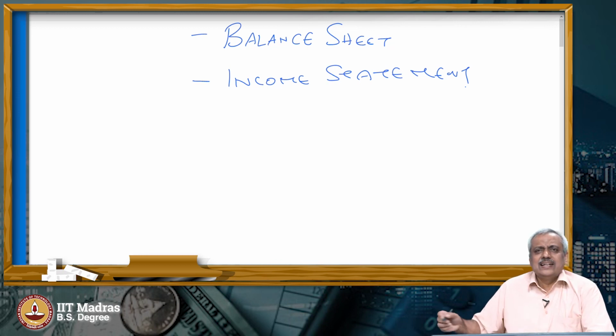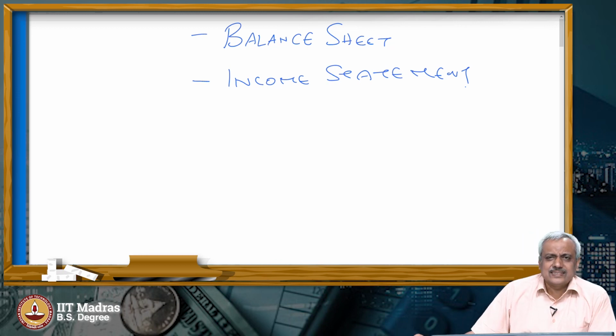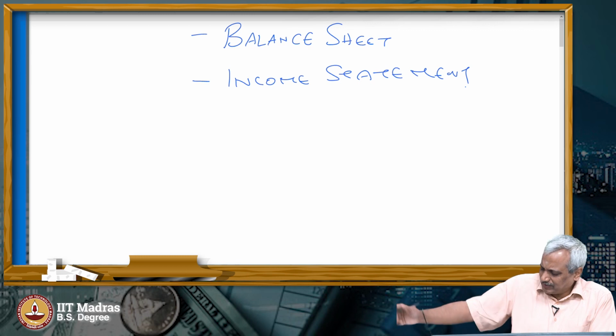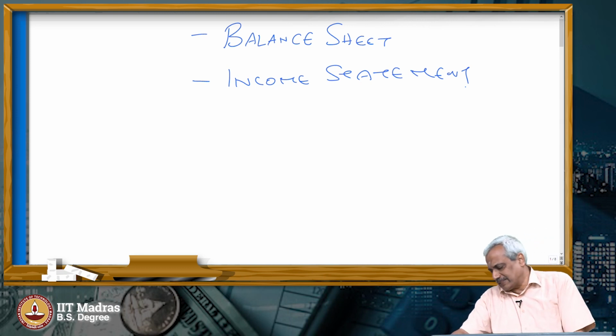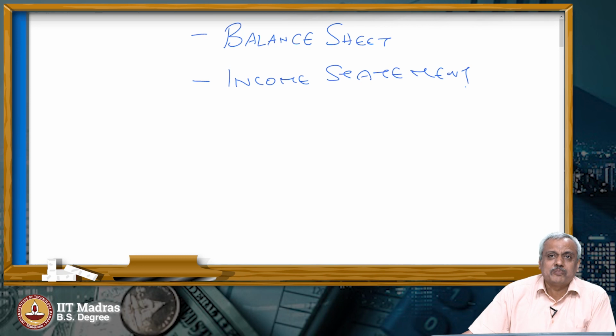The balance sheet, as I indicated in the earlier session, gives you what is owned by the firm or the entity and what is owed by the entity, and the income statement gives you the revenues that have accrued during that particular period and the expenditures that have accrued during that particular period.